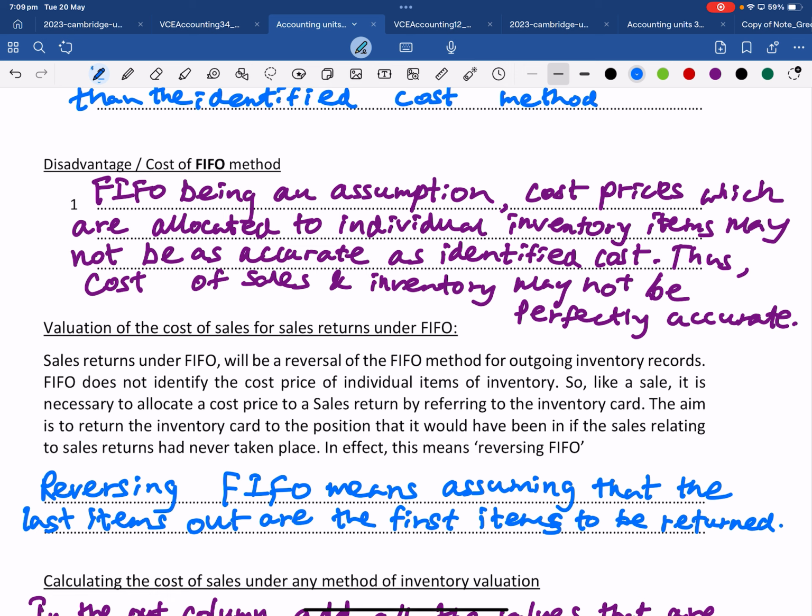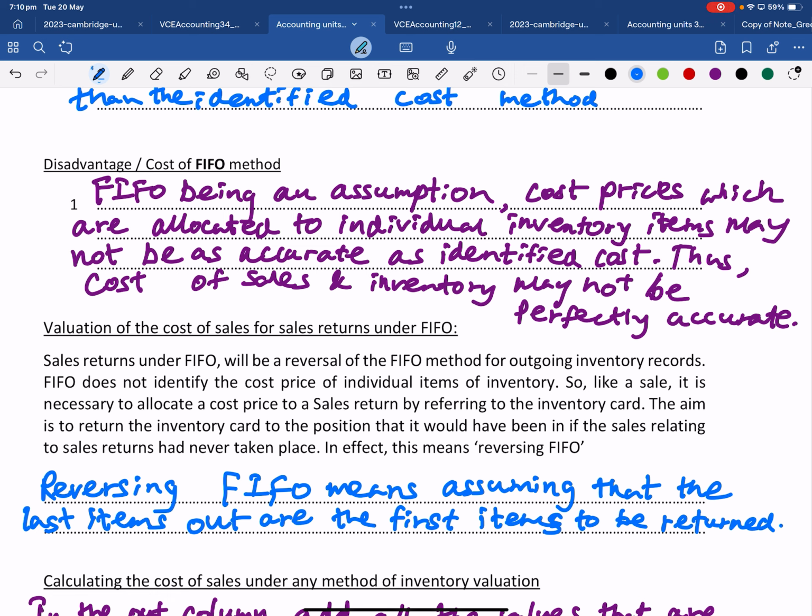However, as a result of that assumption, people can argue that the valuation of the inventory under the FIFO is not perfectly accurate. But don't worry, nothing is perfect anyway, so we don't have to really worry about that. That is the only disadvantage.